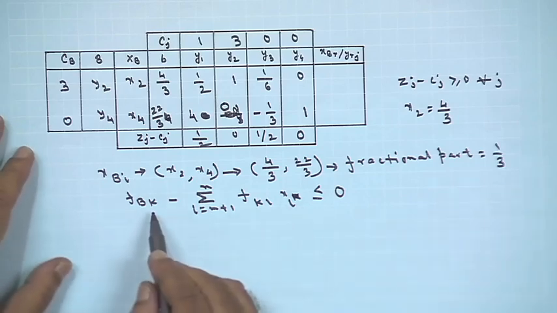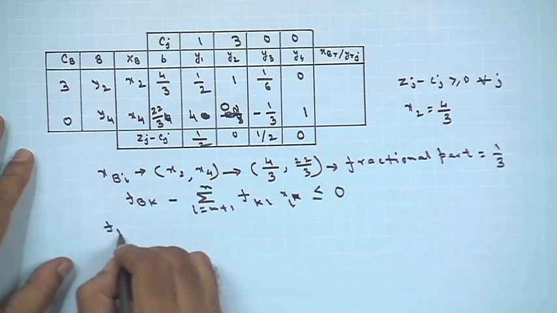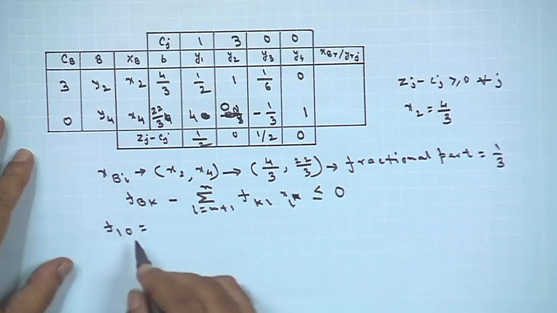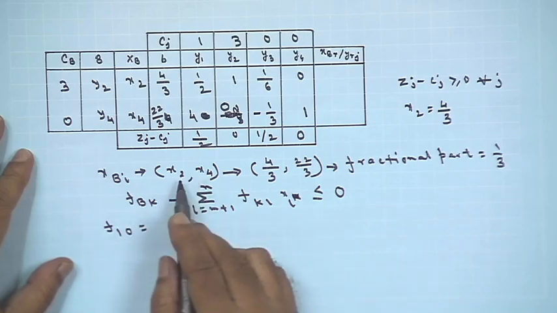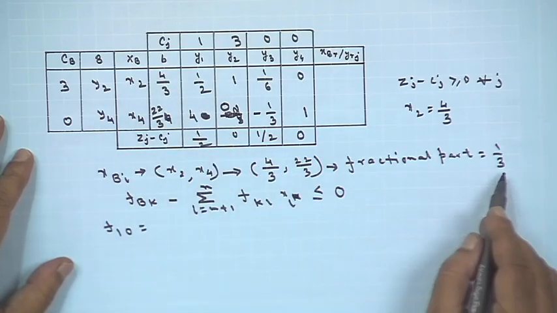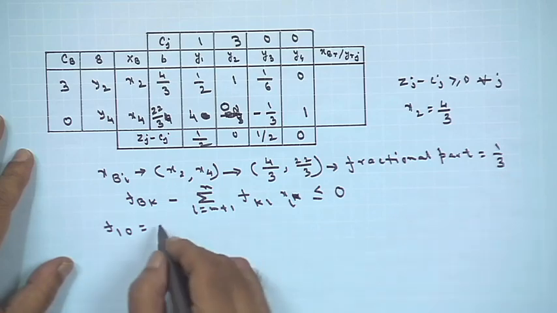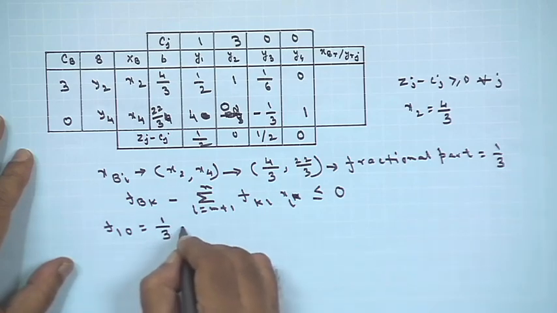So, I have to find out what the values are over here. What is f10? Your f10 is the fractional part of b, that means of xbi. Fractional part of xbi we have already shown as 1/3. So, f10 is 1/3.